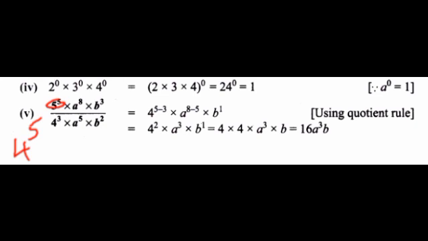So what we get? 4^2 into a^3 into b^1. See, 4^2 means we can write 4 into 4, 16. 16a cube b is the right answer for this sum.